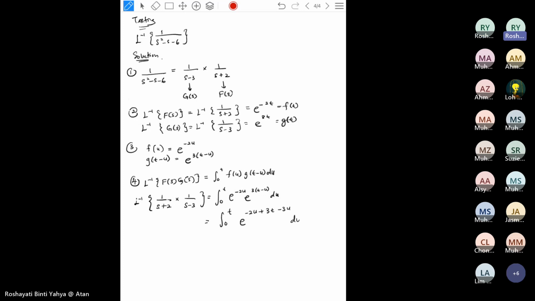So integration of exponential 3t minus 5u over negative, negative 1 over 5.